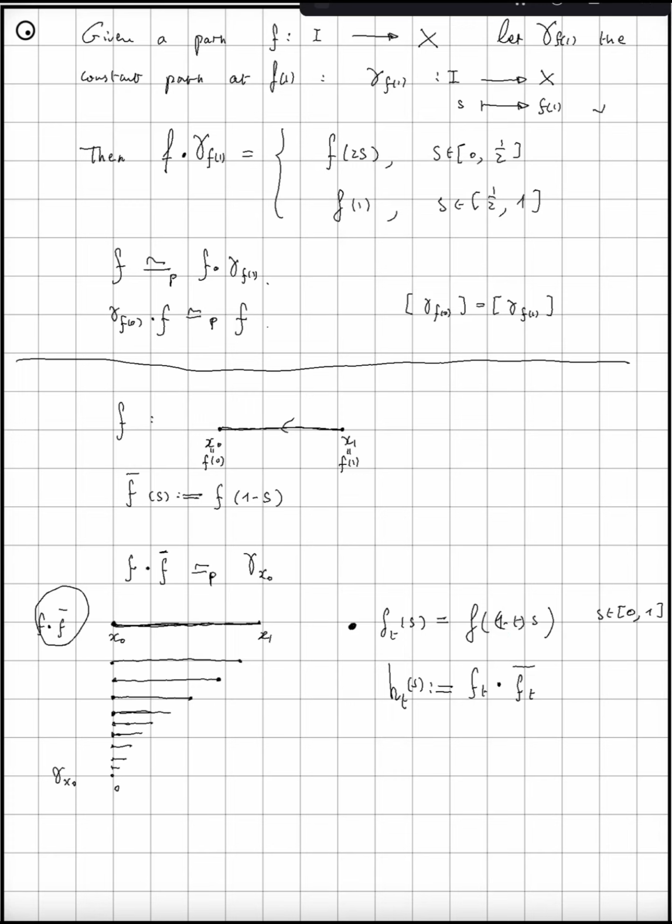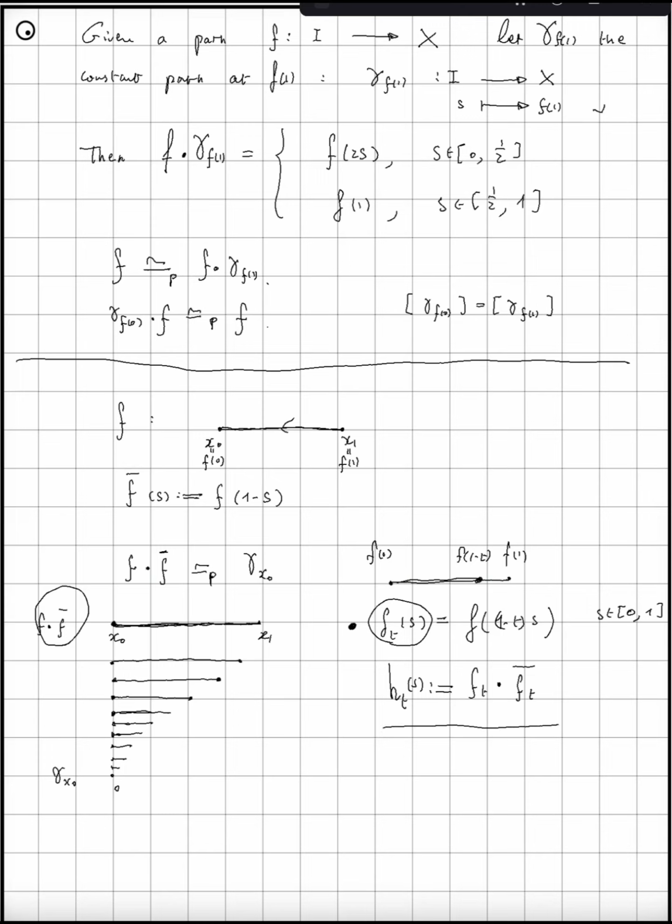Instead it only reaches, so this is f0, f1. So when you look at this, when s goes from 0 to 1, it stops halfway, and this is f of 1 minus t. As you can see, if I keep increasing t, this length will keep shrinking.